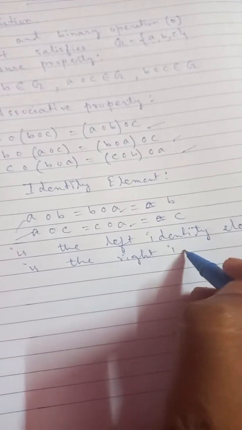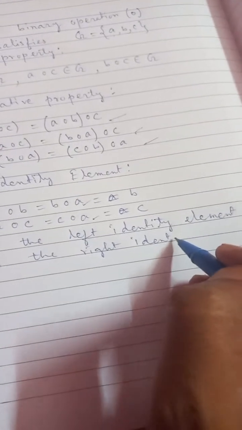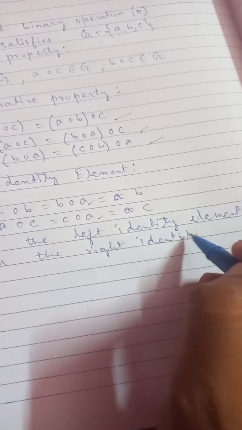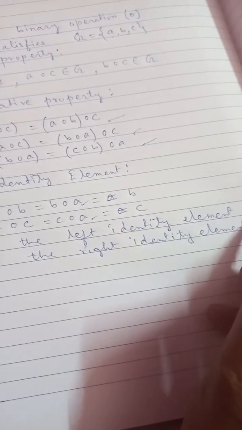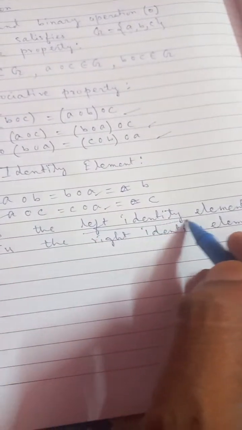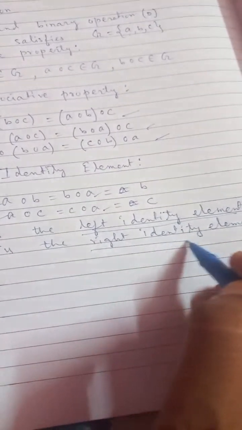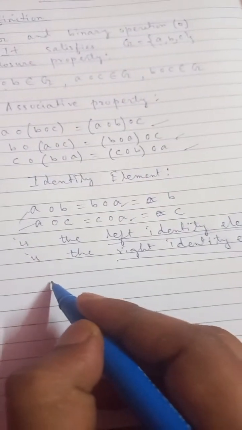If both the elements are same, then we commonly say that A is the identity element.